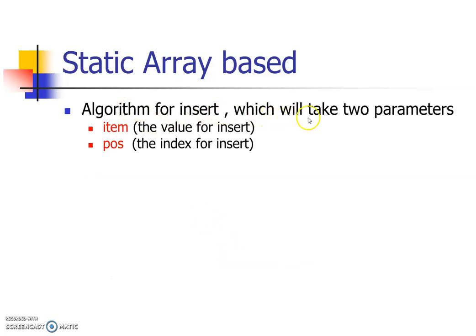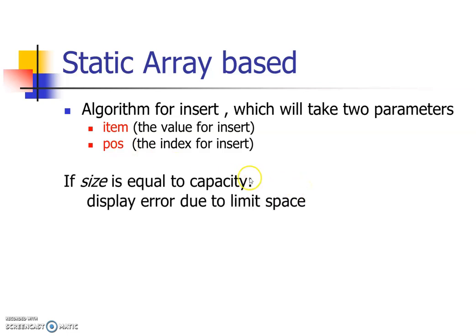The algorithm for insert will take two parameters as we mentioned. You need a value and you also need the position where we want to do the insert operation. Before we do any insert, we need to check for two things. First of all, whether the size is equal to capacity.